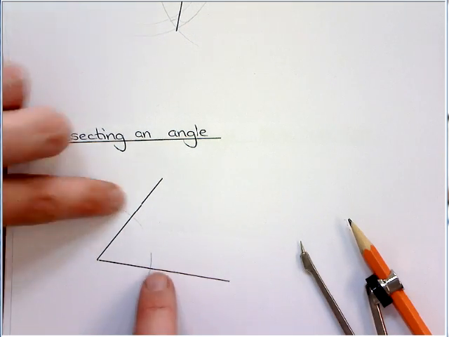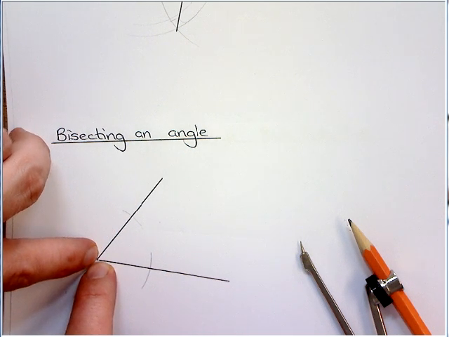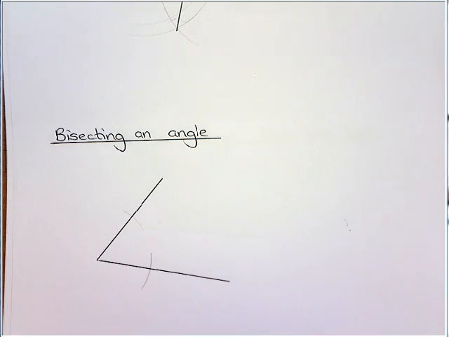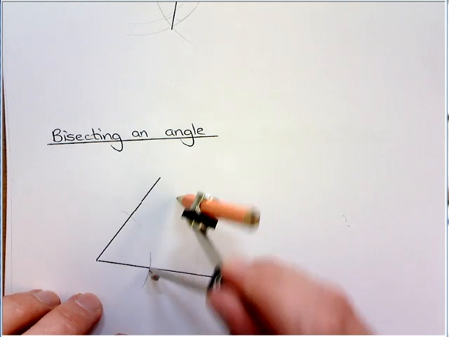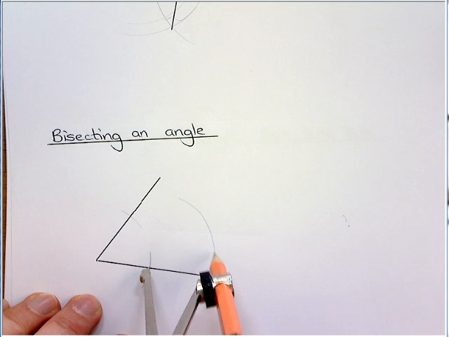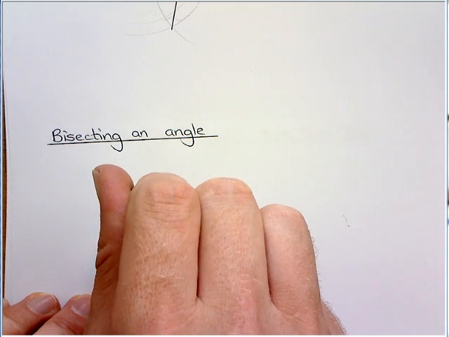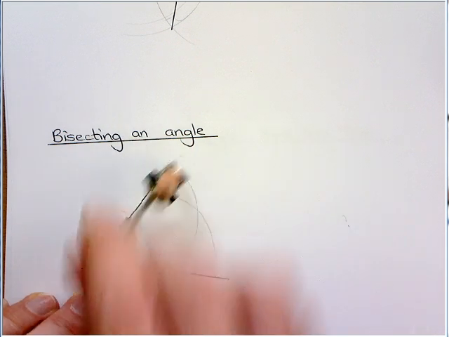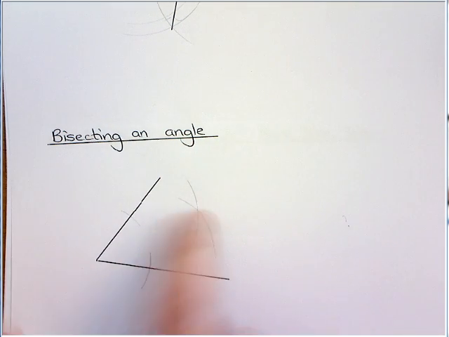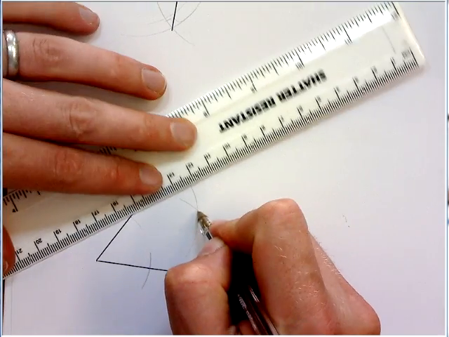So this point is exactly halfway between here. So once we've made our 2 arcs, just like before, you can open it up or keep it the same, it doesn't really matter. Make an arc halfway in the angle from both sides. You can do this down here just to get 3 points of reference, but you'll absolutely be fine with just these.